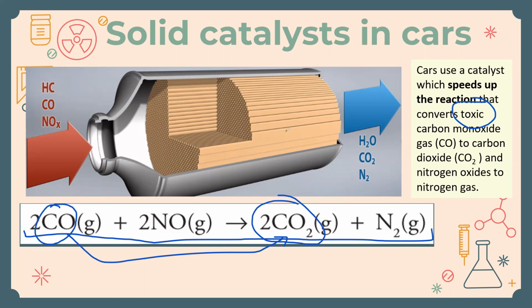You don't need to memorize this formula, but it's good to know what each one of those are. It's good to know that, for example, carbon monoxide converts to carbon dioxide through the use of a catalyst, or that nitrogen oxide converts to nitrogen gas because of the presence of that catalyst.